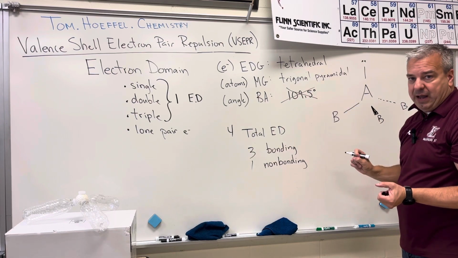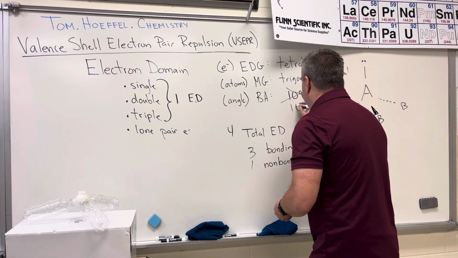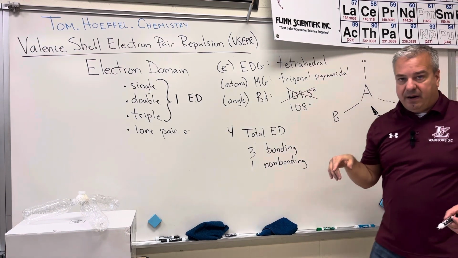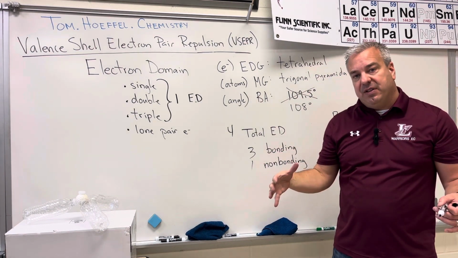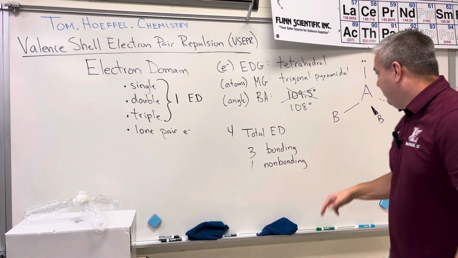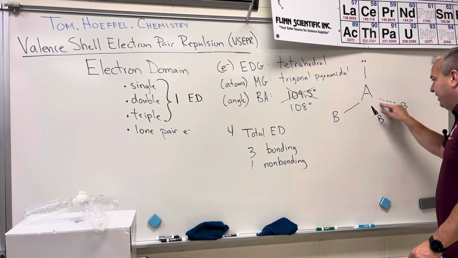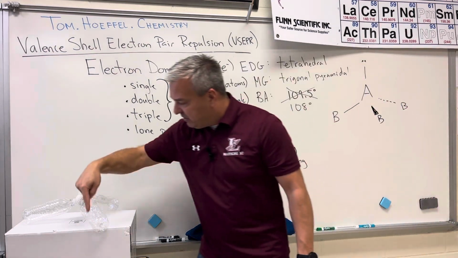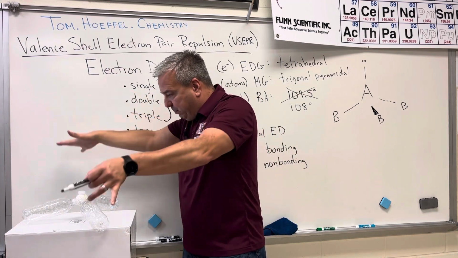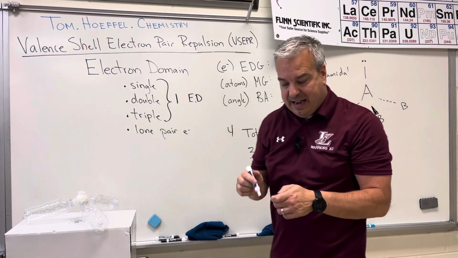So instead of 109.5, we're going to be at about 108 degrees because this lone pair has greater repulsion than bonding pairs, and it squeezes the bond angle, okay, here, here, and here. Or in other words, here, here, and here, because this lone pair is pushing everything together.